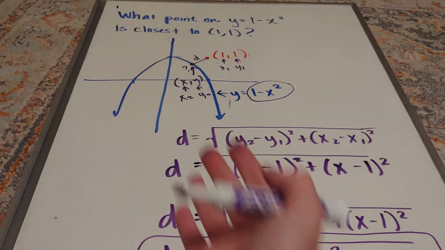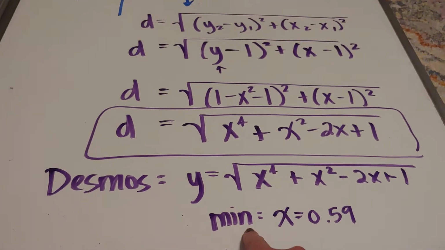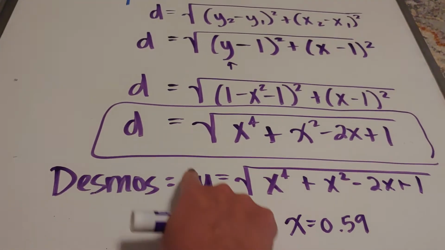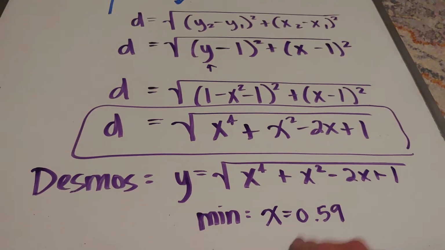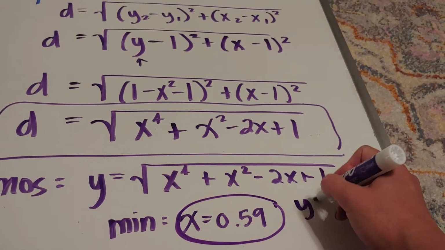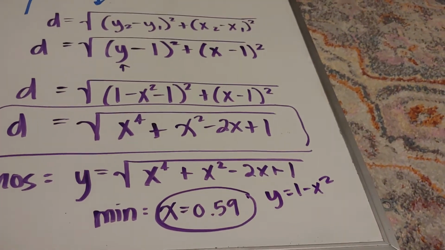So we have to be a little careful. The y value you get from Desmos is actually d, the distance. So in order to get the y coordinate, we need to plug it into this equation so it lives on the parabola.